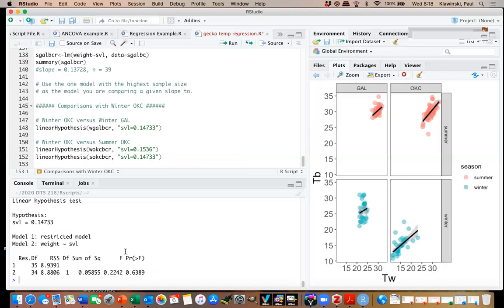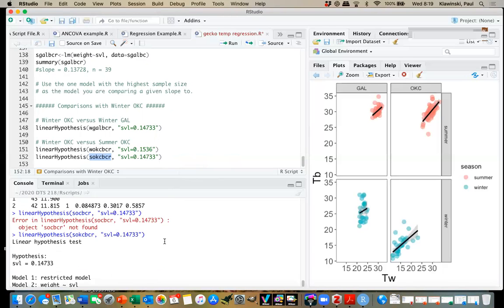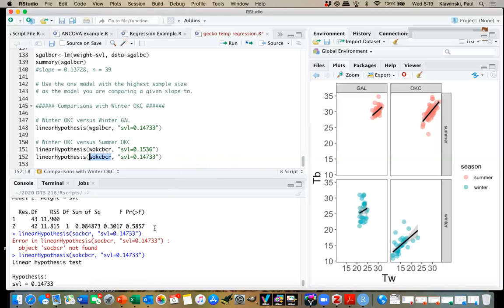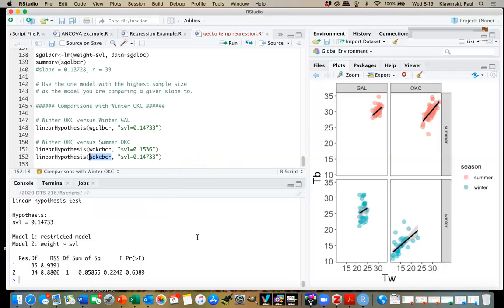You see it's still not significant, but it's even less not significant because you're now comparing this slope value to the lower sample size model. So once again, the same qualitative result, they're not significantly different, but a different quantitative result because we're comparing a parameter estimate to a model with less power, as opposed to comparing a parameter estimate to a model with more statistical power because sample size is higher.